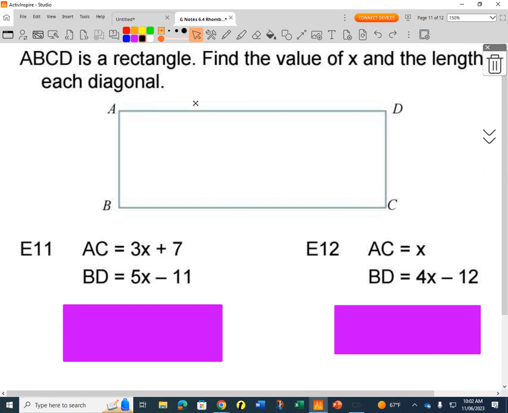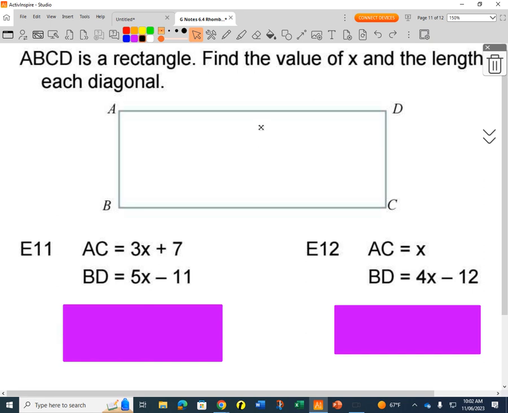Alright, you're going to go ahead and draw the rectangle. If they talk to you about a figure and you don't have the diagram, it's in your best interest to always draw that figure. So, rectangle ABCD, it doesn't matter which way you label those. It says, find the value of x and the length of each diagonal.